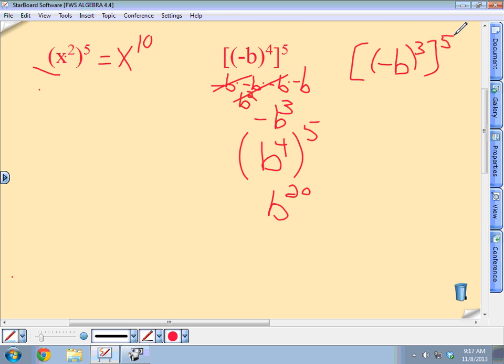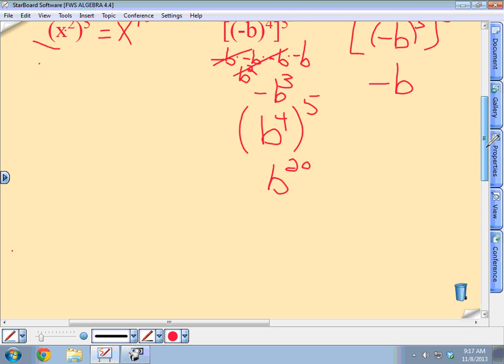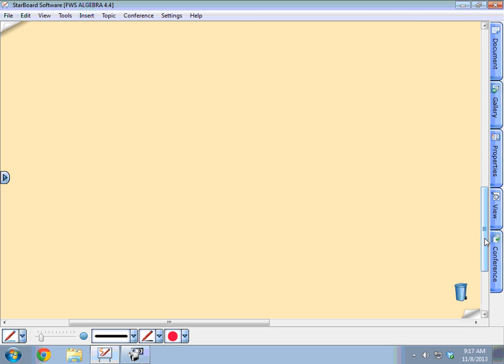Who thinks no? What do you think it's going to be, Eric? Negative b. Yes, because if this is odd, then this is going to be a negative number, right? So the answer is negative b to the 15th power. It is. All right, let's look at the second rule.